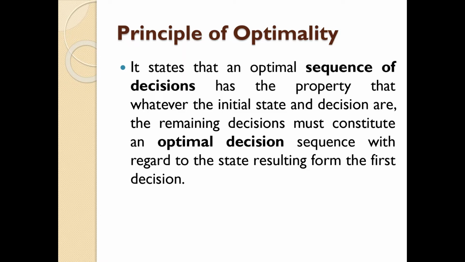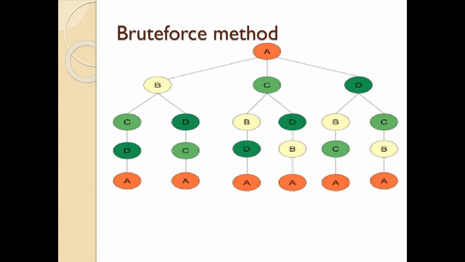Now the traveling salesperson problem: what is it actually? A traveling salesperson is advertising his product. Suppose we consider some number of cities, like Bombay, Hyderabad, Bangalore. Suppose there are 4 cities, and he travels from one city to another.